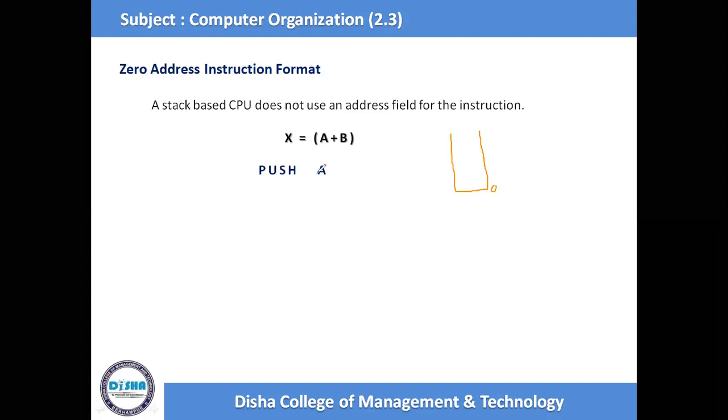When this statement is executed, the stack container takes the value a, and at the same time the stack pointer is incremented by 1. So the position of the stack pointer is 1 after executing this statement. Then the next statement is push b.